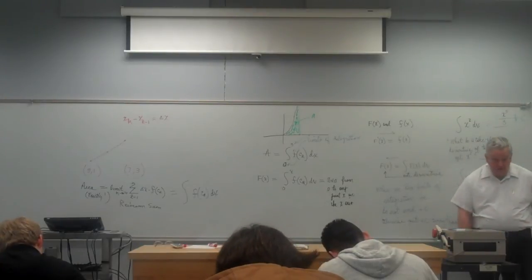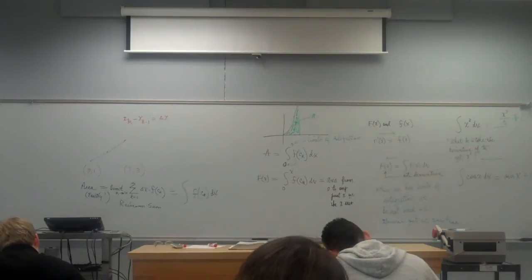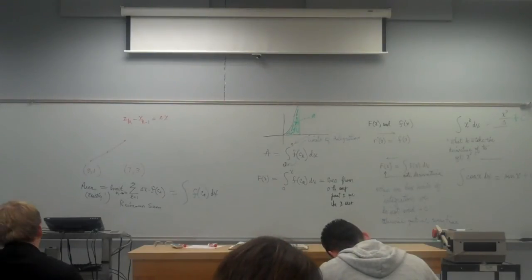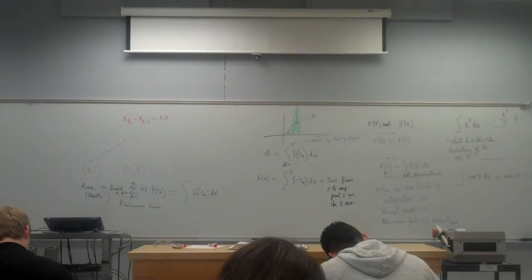Write that down in your notes, if you can read it. Save you some points on tests and save me some red ink. If you have limits of integration, you don't need a plus C, because you will only have one solution that works. If you don't have limits of integration, then you always put the plus C.